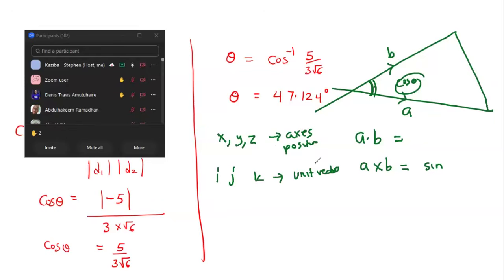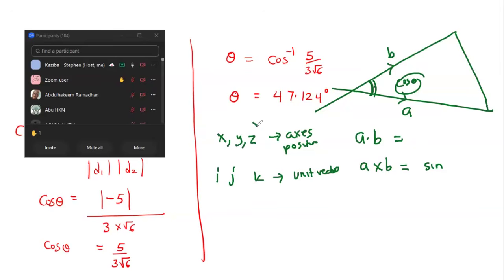That is the difference between the two. They represent the unit vectors along the X, along the Y, and along the Z. So in other words, the XYZ axes specify where a point is located.